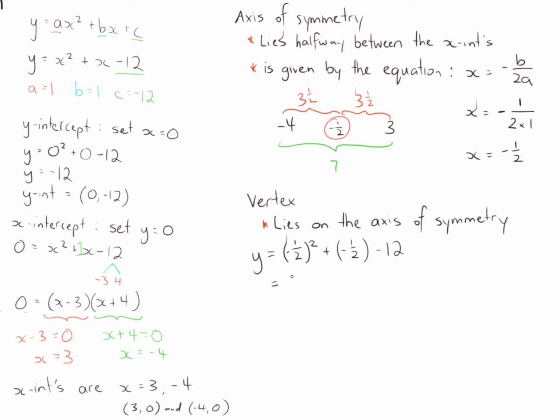A negative times a negative is a positive, and 1/2 squared is a quarter, minus 1/2 minus 12. That gives us a value of negative 12.5. So the vertex has coordinates negative 1/2, negative 12.5.